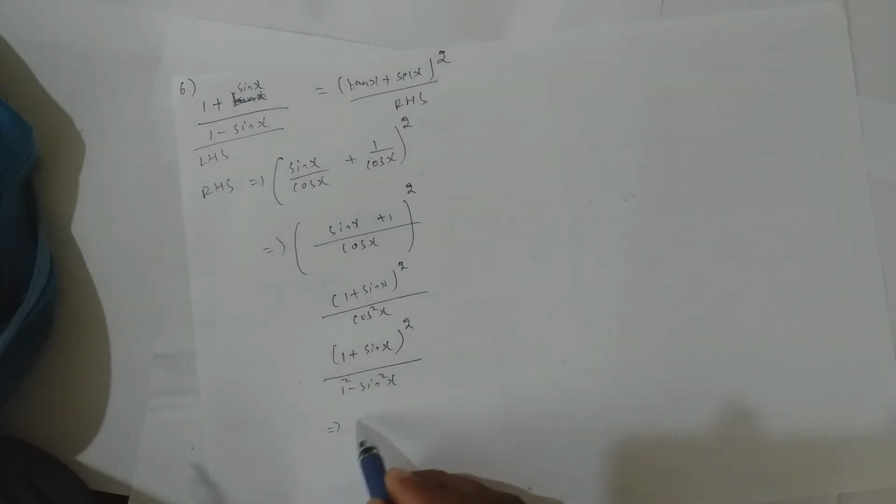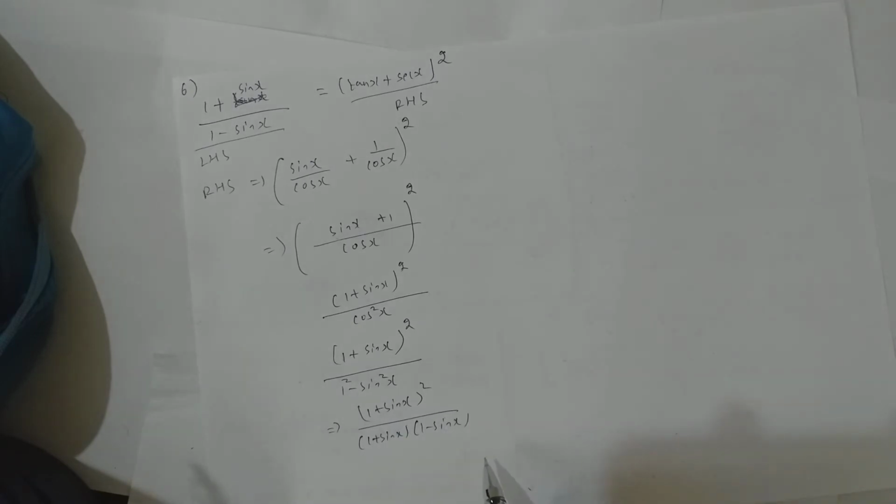So it becomes 1 plus sin x whole square by 1 plus sin x into 1 minus sin x. Now what gets cancelled? 1 square and 1 plus sin x gets cancelled. This is my LHS. So we proved. Not necessarily every time we take LHS and get RHS. It could be the other way around as well.